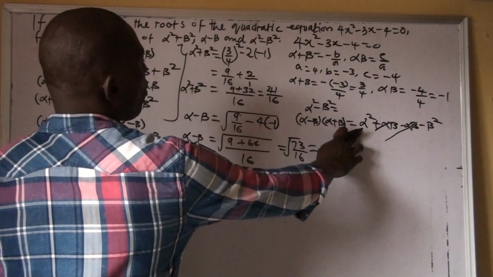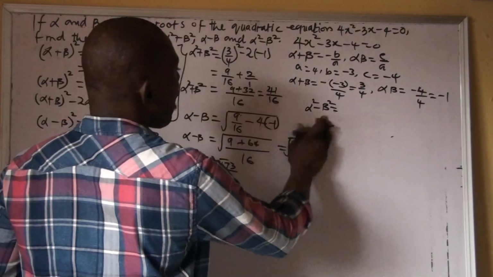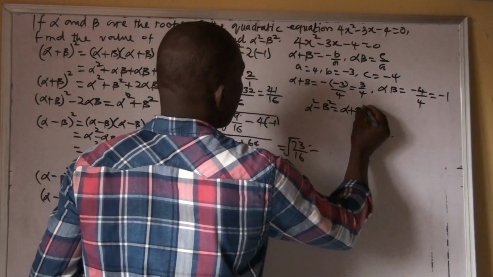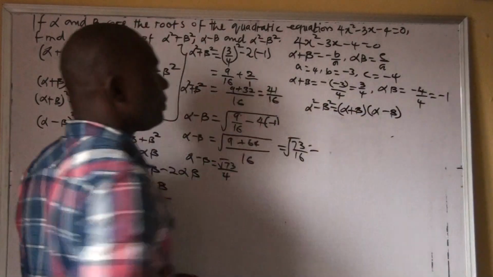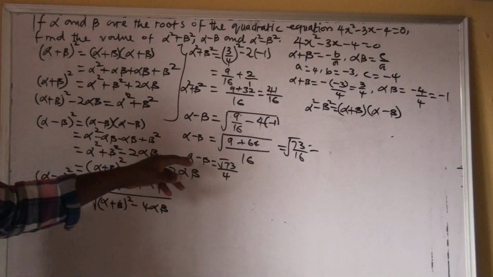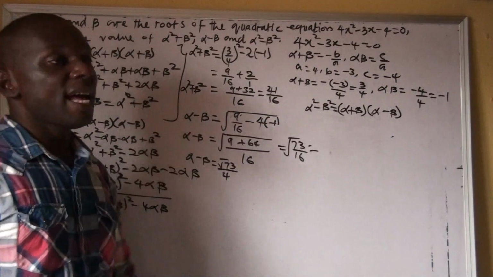We see that we have alpha square minus beta square. So in place of alpha square minus beta square, we are going to say this is alpha plus beta, open bracket alpha minus beta. Here we did not bother ourselves. We've obtained the value of alpha minus beta to be this, and the value of alpha plus beta is known.